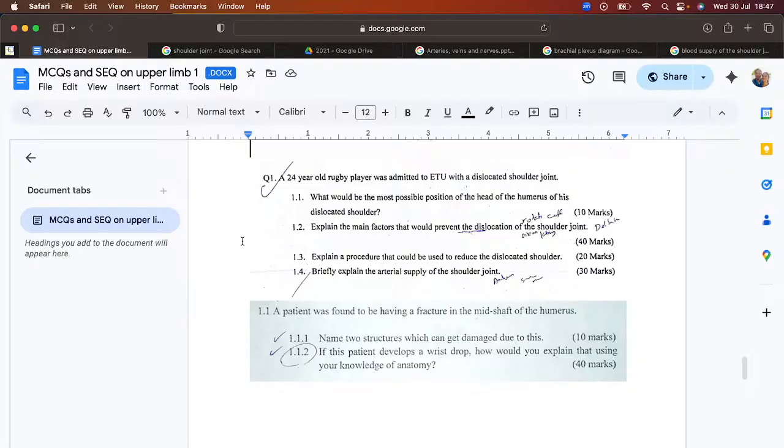But inferiorly, on the shoulder joint, we have no ligaments. We only have the capsule protecting the shoulder joint. So that's the easiest point of dislocation. But I wouldn't just say inferior dislocation here, because I know from the marking schemes of these papers that what they're expecting is the anterior inferior dislocation. So that's what I would suggest you guys write.